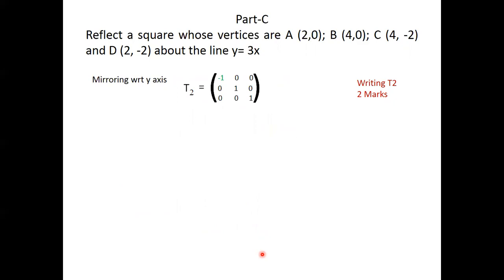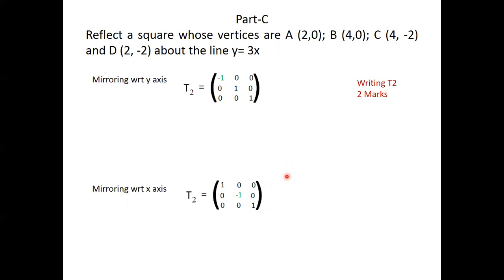In the first case, if you do mirroring with respect to the y-axis, this is the transformation matrix: -1 0 0, 0 1 0. Writing this matrix carries 2 marks. In the other way, if the straight line is rotated to coincide with the x-axis and mirrored with respect to the x-axis, this will be the transformation matrix.